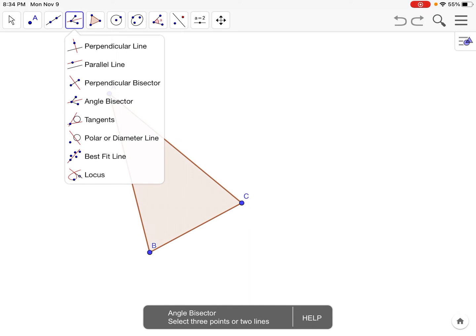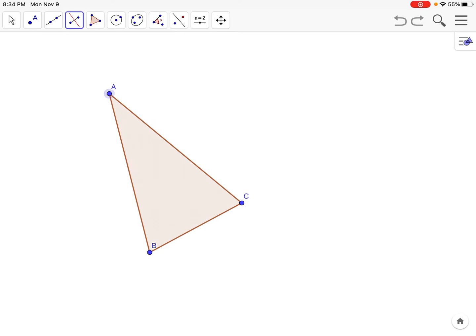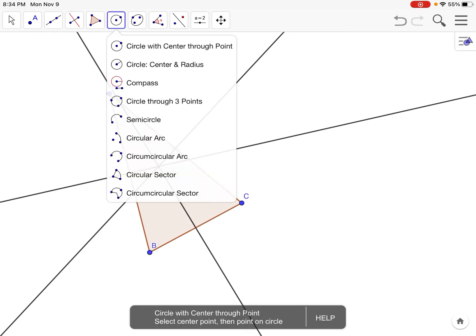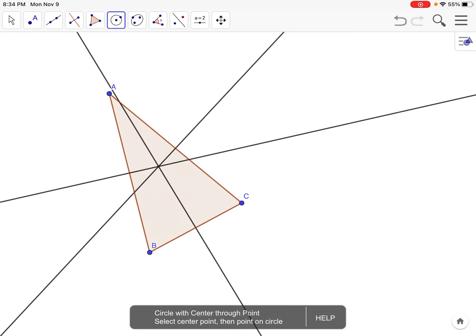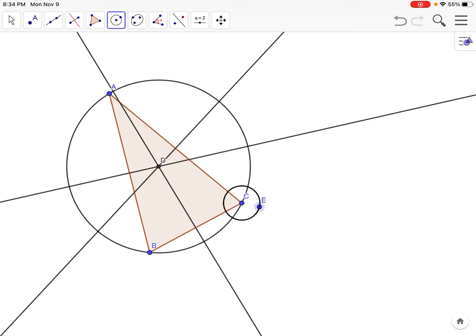The next thing is going to be our perpendicular bisectors. So I'm going to go from A to C, there's 1, C to B, there's 1, and B to A, there's 1. Okay. And with this one, again, miraculously, they all meet in the same spot. When I draw a circle where the center is at the circumcenter, and I pick a point, the radius is, let's say, at C, that's what I picked, it makes a circle that circumscribes, goes around the outside of your figure.